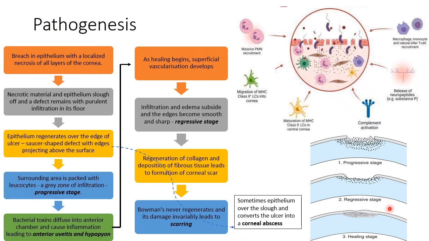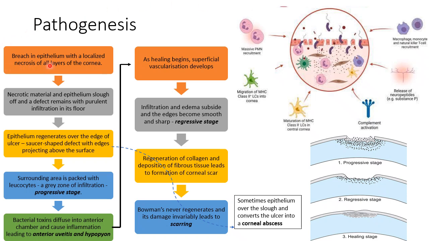Please correlate it with a diagrammatic representation of the stages through which an ulcer passes. And this is a diagrammatic representation of what all inflammatory cells and cytokines and interferons and whatnot is released locally in the stroma to cause that inflammation or infiltration that we talked about.